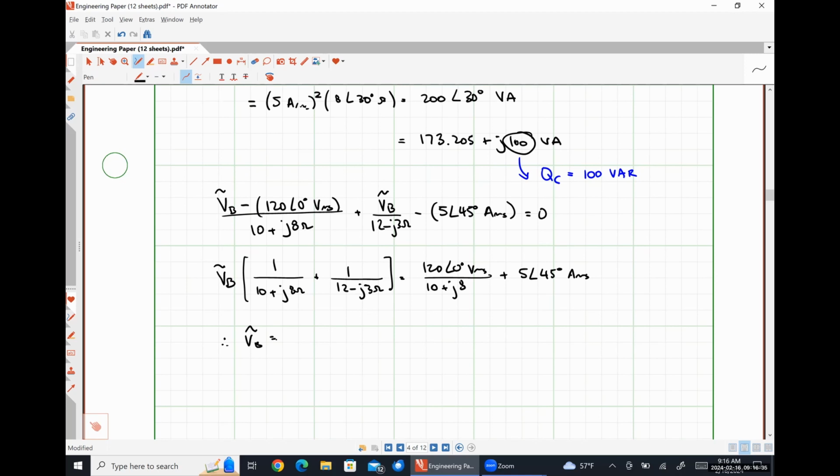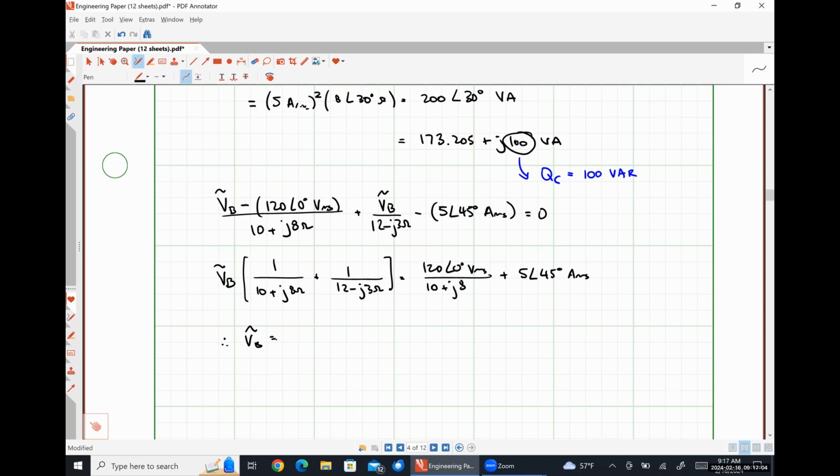So throwing stuff in my calculator really quickly. 1 over 10 plus 8i plus 1 over 12 minus 3i. I'm going to store that in my calculator as x. 120 angle 0 over 10 plus 8i plus 5 angle 45.